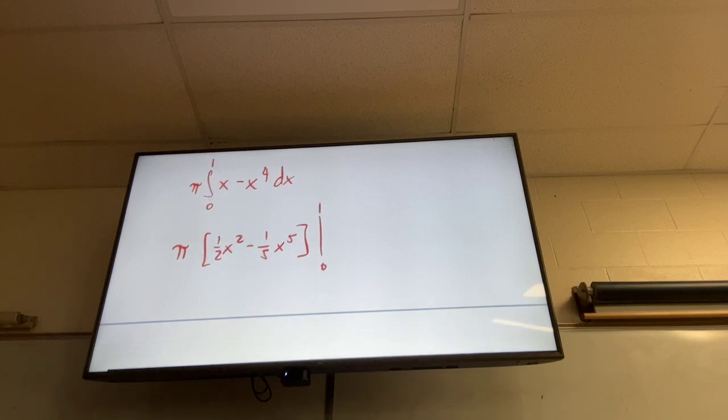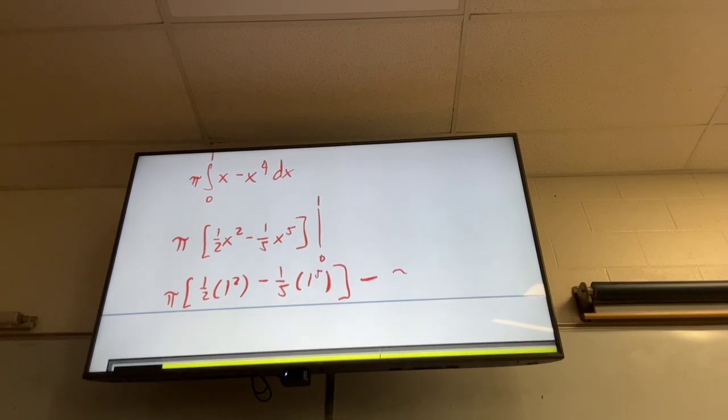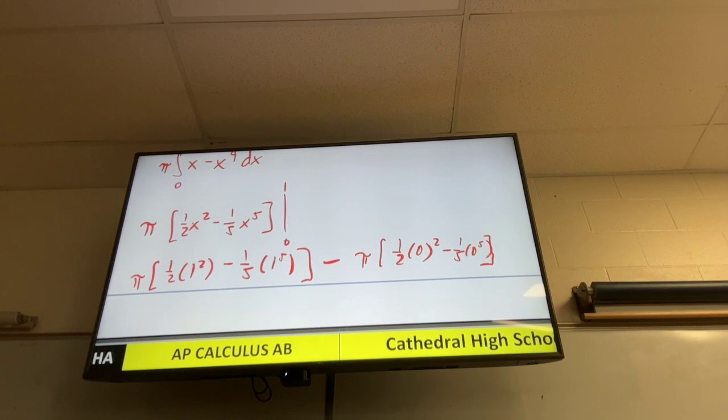Pi times 1/2 times 1 squared minus 1/5 times 1 to the fifth. Do you see how this part is just going to be 0?